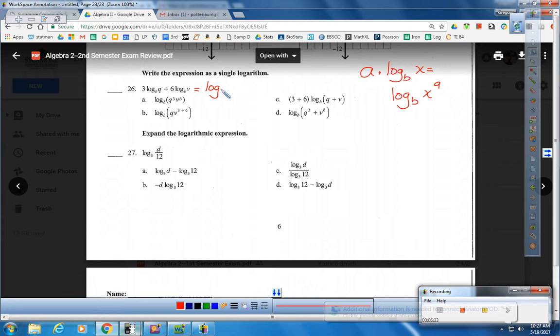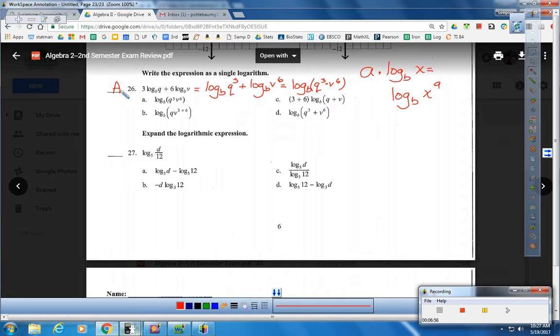Log base B of q to the third power plus log base B of v to the sixth power. And then if I'm going to combine those, I combine them based on multiplication. So this is log base B of q to the third times v to the sixth. So that's A.